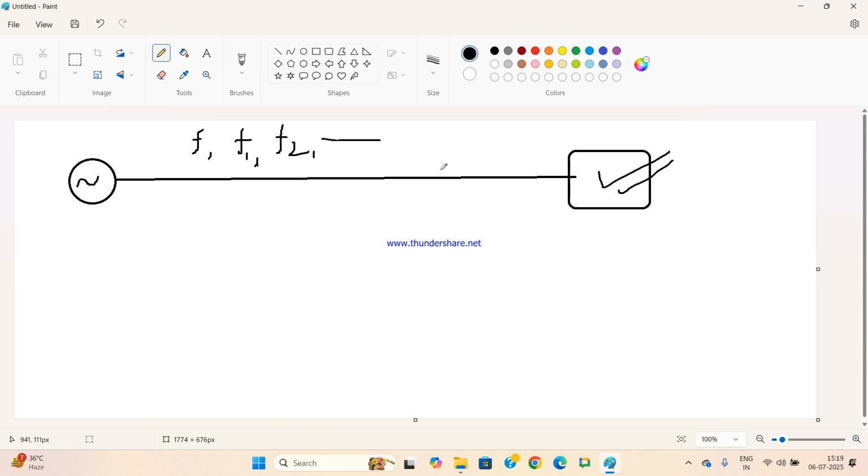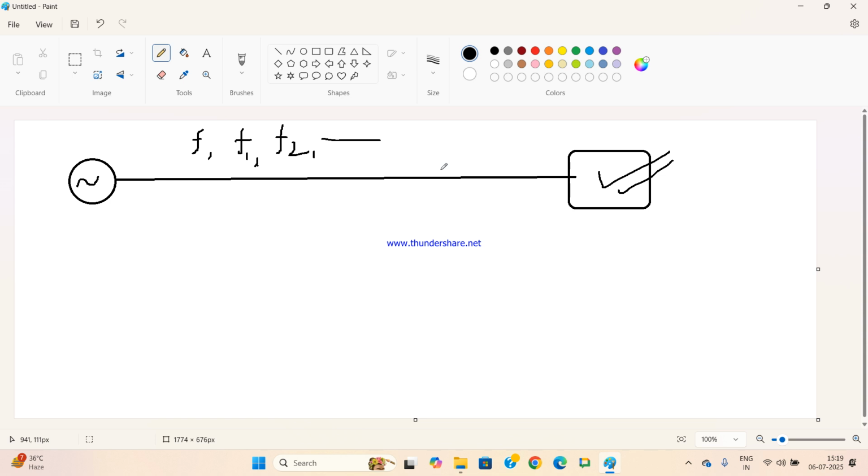So the average value A0 in the Fourier series, there is a term called A0, that is the average value or the DC value. Then there will be a term A1 and B1, then A2 and B2. So let us say H1 is equal to root over A1 square plus B1 square. So this H1 will be the magnitude of the fundamental frequency.